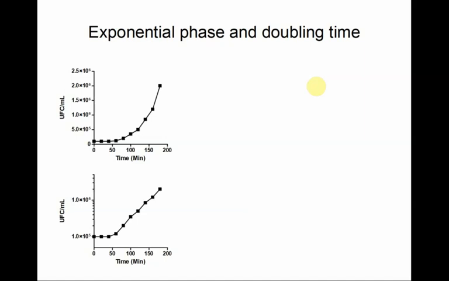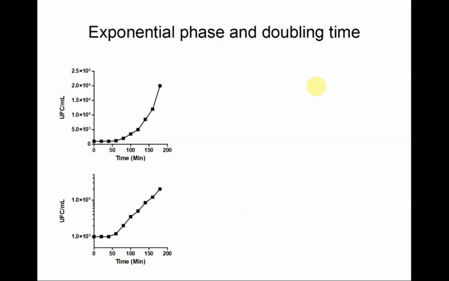Okay, so one of the things that is very useful to determine for very many bacteria is their growth rate and their doubling time. To determine the doubling time of bacteria, you need to analyze data that is in the exponential phase here.